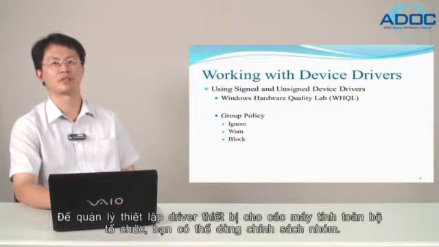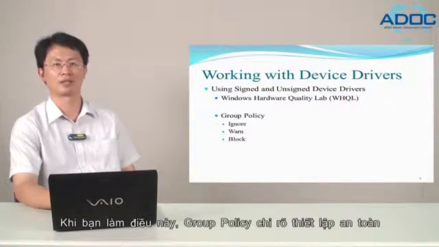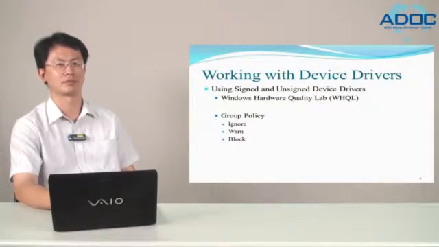To manage device driver settings for computers throughout the organization, you can use a group policy. When you do this, group policy specifies the least secure settings using one of three configuration settings. The first is ignored.